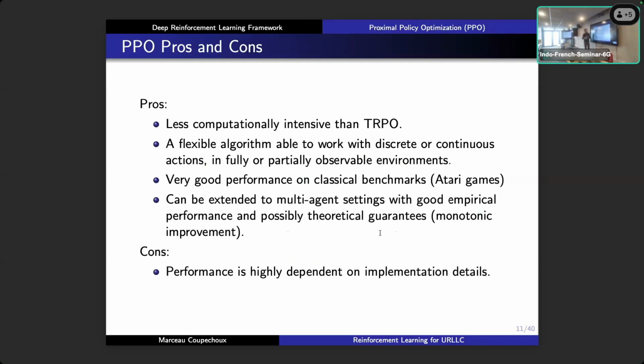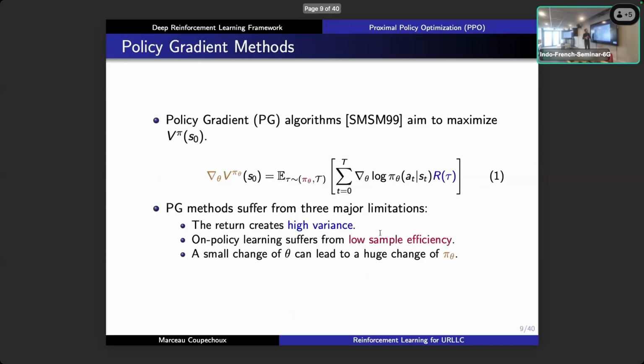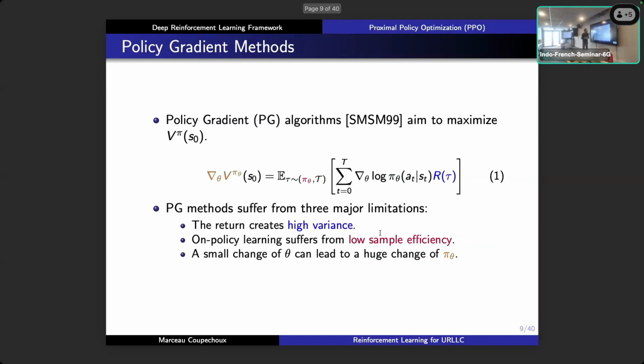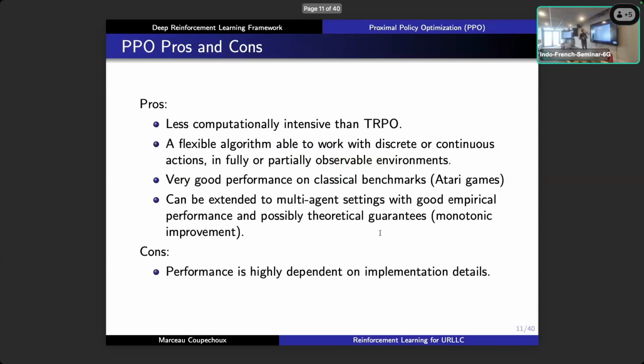So, as I said, if you know perfectly the state here, you are in a fully observable environment. But if you don't have the state, you have only observations, you are in the framework of a partially observable environment. And one advantage of PPO is that it can work easily in this framework.